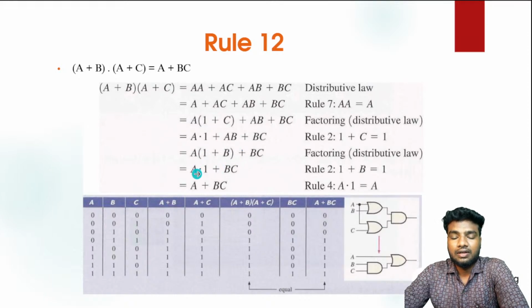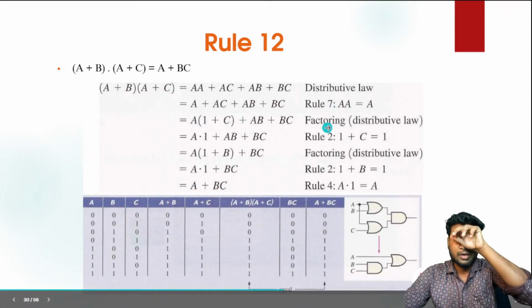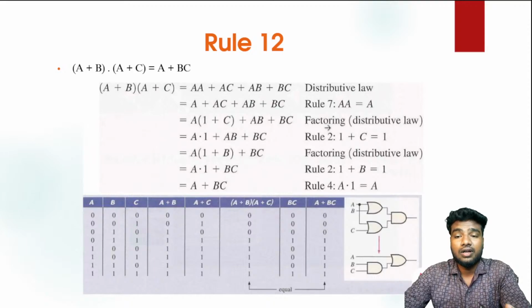So I'm just writing a into 1 plus bc. So finally we can write a into 1, and a into 1 means a. So we can write it like a plus bc.